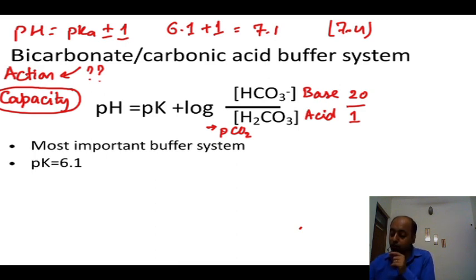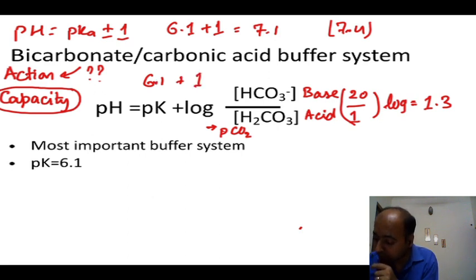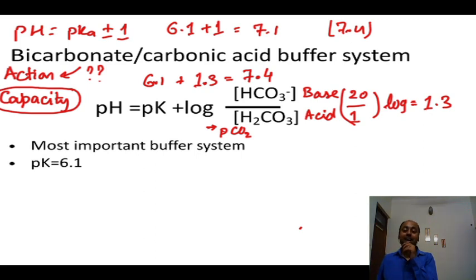If you solve this ratio 20 is to 1 and take the log, the value comes to 1.3. Now what happens? pK we said is 6.1. The value of this log is 1.3. So the target pH where it will have the best buffering action is 7.4.